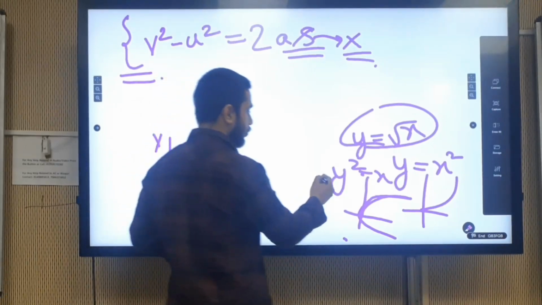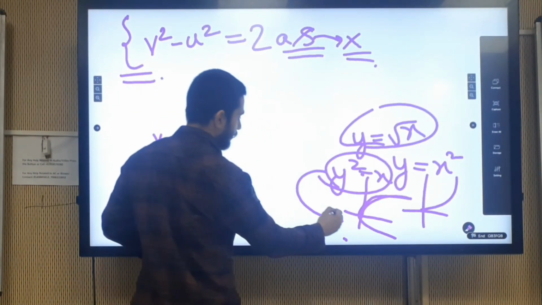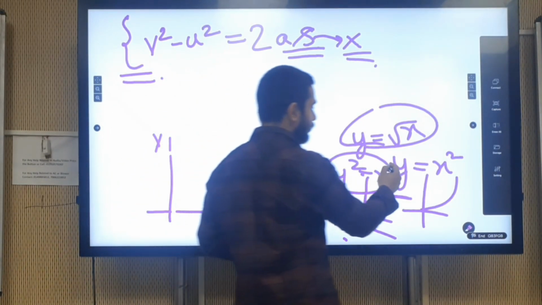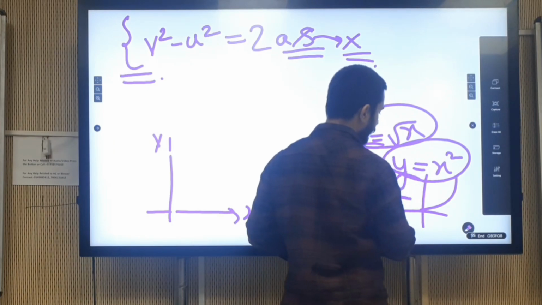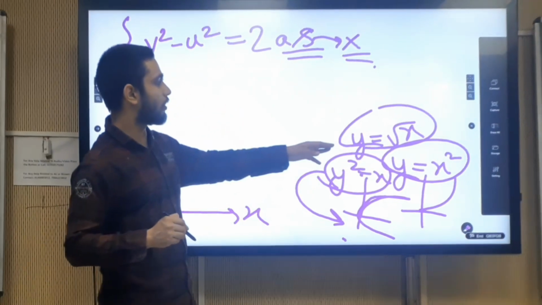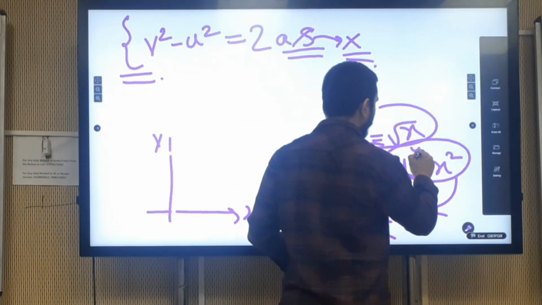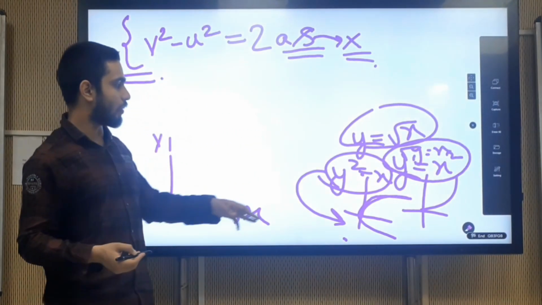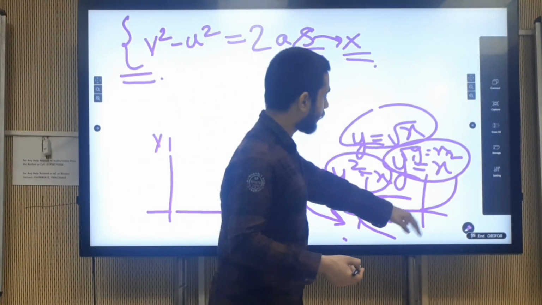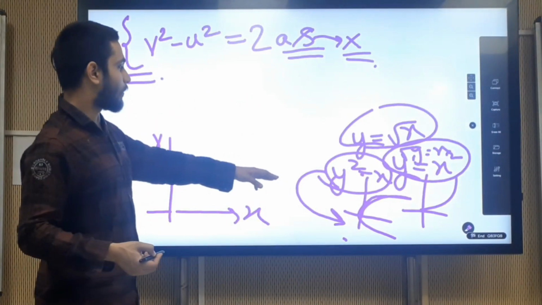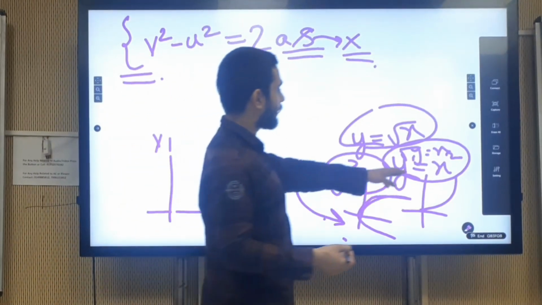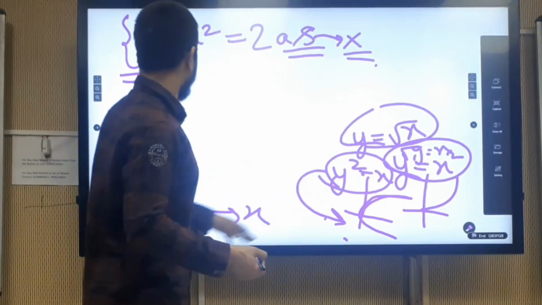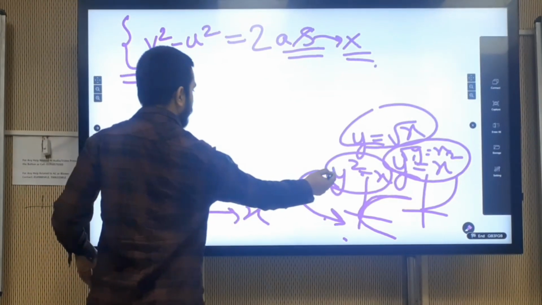And y equals x square, the parabola is like this, because y should always be positive: under root y equals x, and if y is negative, x is undefined or imaginary. So y square equals x has this parabola, and y equals x square has that parabola.